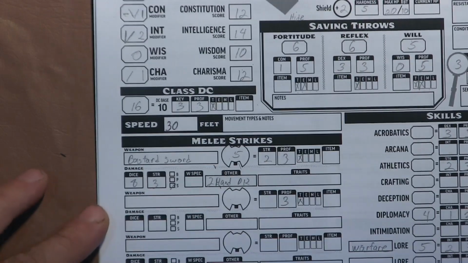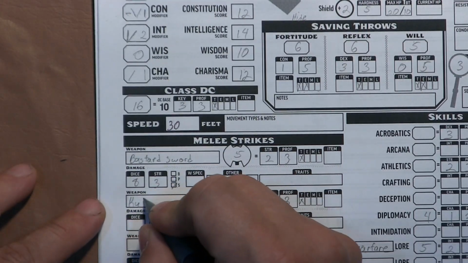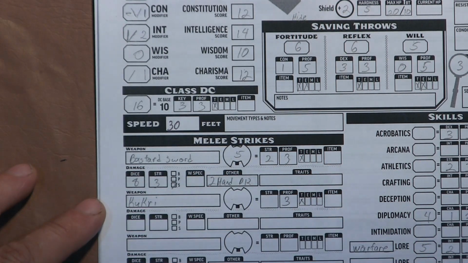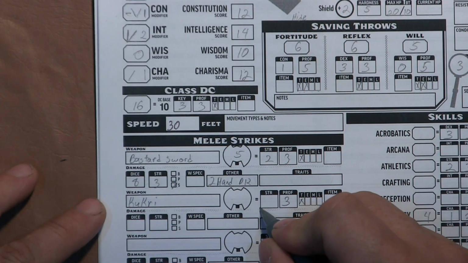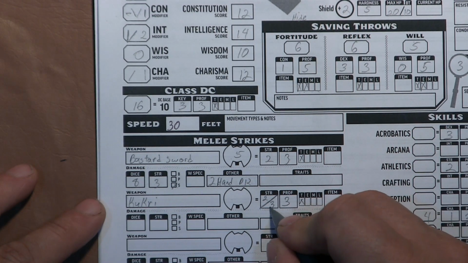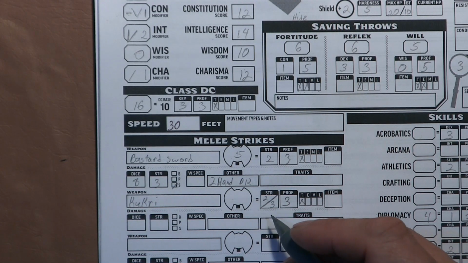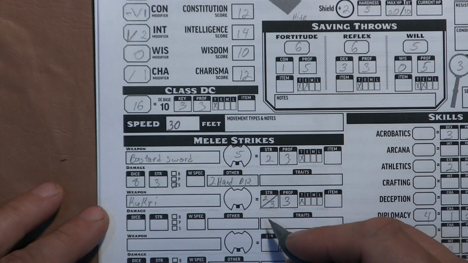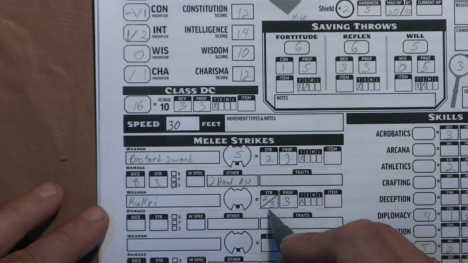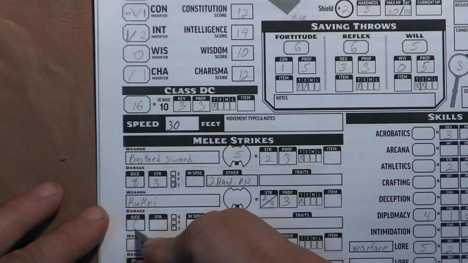And then we're going to use a kukri, and the reason why I chose a kukri is because it's full of goodness and teaches you how to do some extra stuff. I'm going to have a 2 or a 3. Kukris are an agile, finesse weapon, and they allow you to use your dexterity modifier instead of your strength modifier. So it's a D6 weapon.